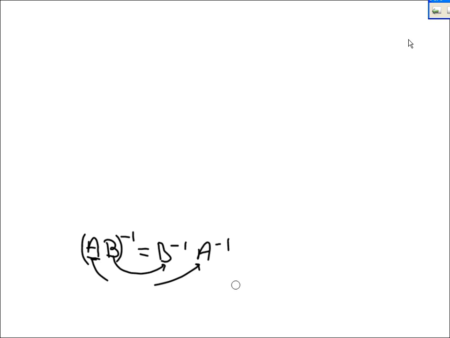You have to be able to calculate the inverse of B. It makes no sense to say that the inverse of AB is B inverse times, there is no A inverse. How do you multiply B inverse by, I don't know what A inverse is. You can't multiply B inverse by, there is no A inverse.